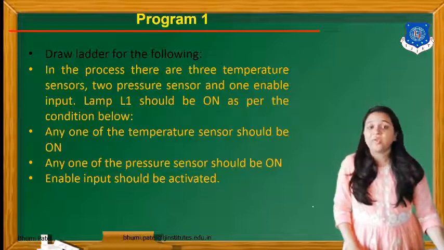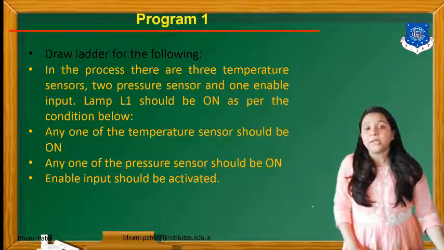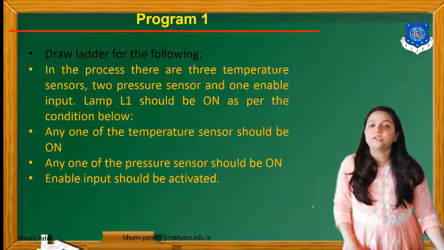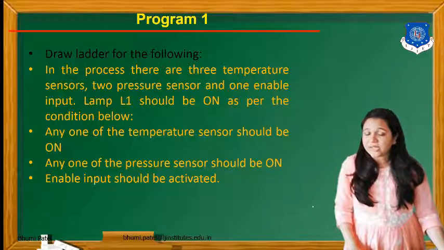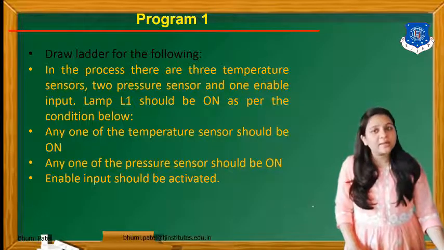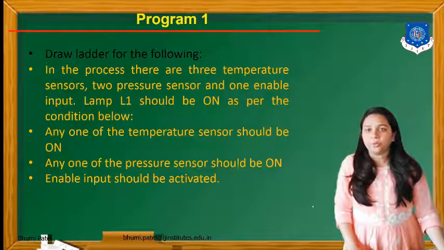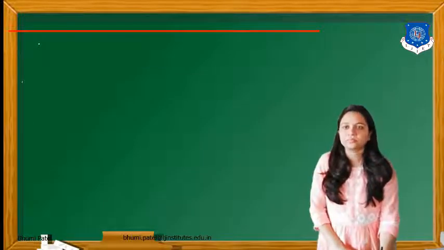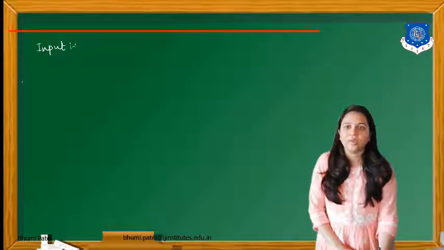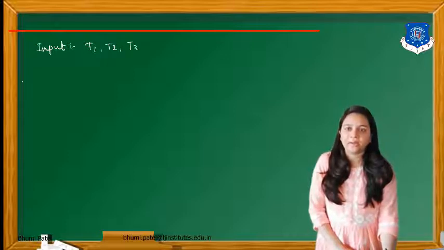First of all, we have to define how many inputs and outputs there are for this particular example. Here you can see they have given 3 temperature sensors, 2 pressure sensors and 1 enable input. So our inputs are: we have used 3 temperature sensors T1, T2 and T3.